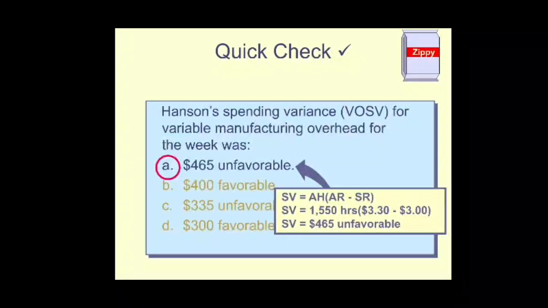In this question, the actual hours are 1,550 hours, and the actual rate is $3.30 per, maybe labor hour or something, and the standard rate is $3 per hour. So the answer is $465 unfavorable.